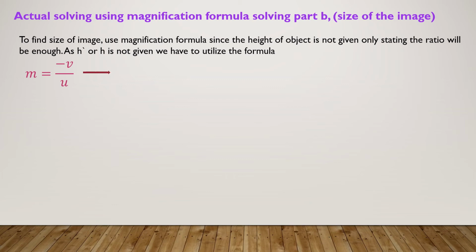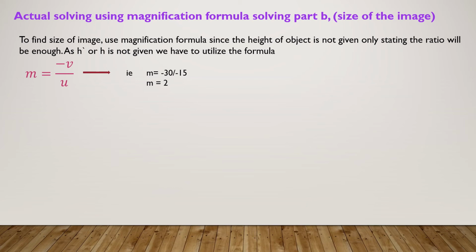So this results in m is equal to minus 30 divided by minus 15. How did we get this minus 30? We got v as 30, and because of the minus sign in the formula, we have written minus 30 divided by minus 15, because u is always negative.